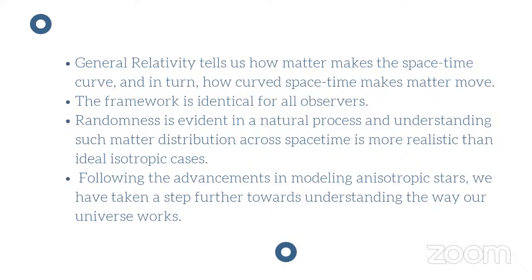It's better than just trying to deal with isotropic cases, but it is also evident that without the isotropic assumptions, we would have presumably had insufficient work to derive the anisotropic conditions. Through this program and our work in this project, we understand the way general relativity can be used to model celestial objects.